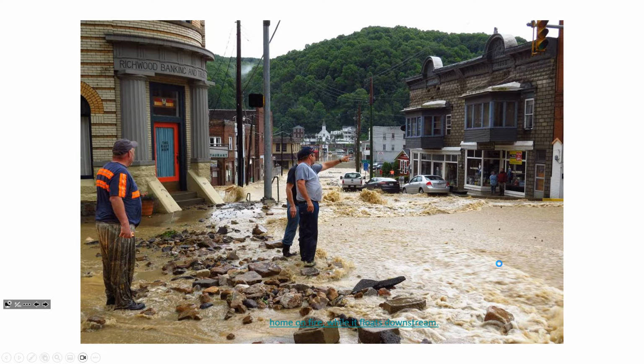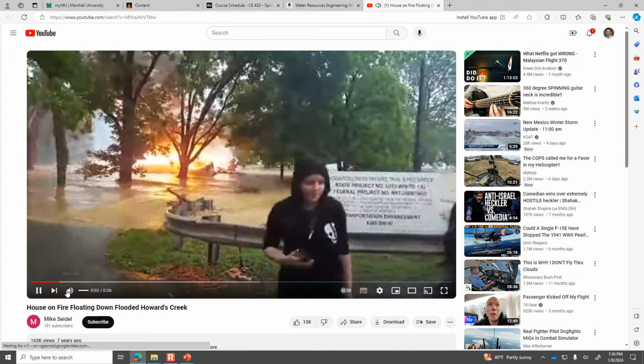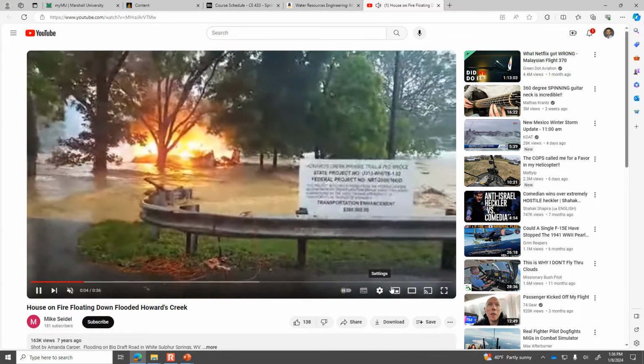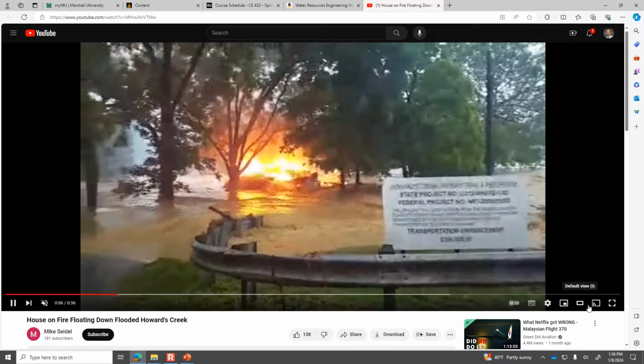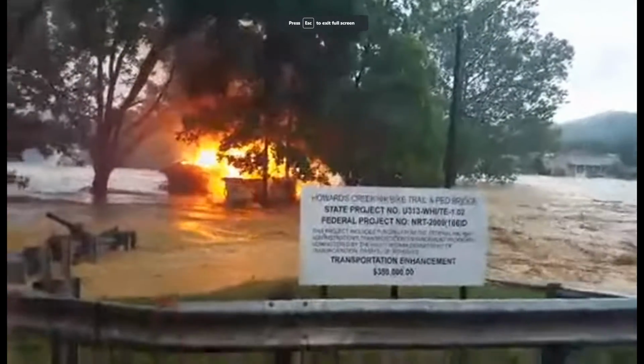And one of my, let's see if this video is still online. I think they may have taken the link down. Oh, here it is. Anybody seen this video before? Have you seen this clip? It's a burning mobile home going down the river. It's like double destruction, I guess.